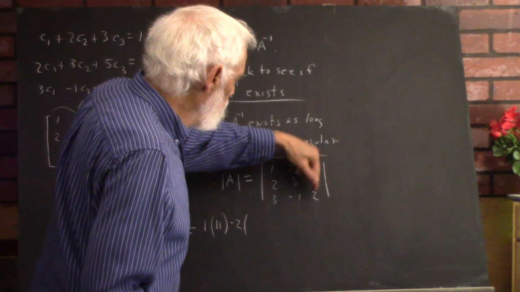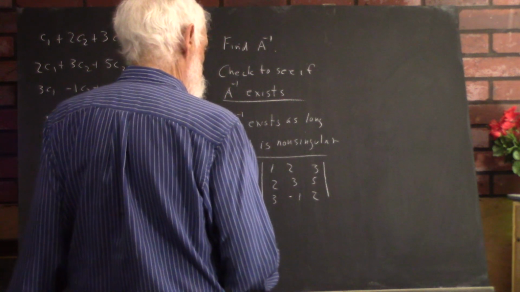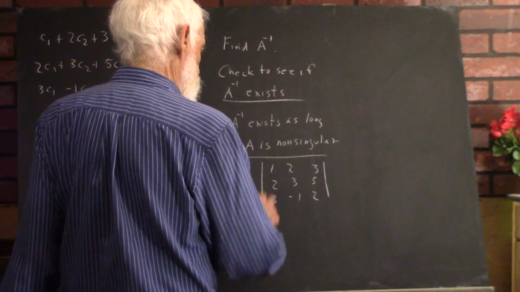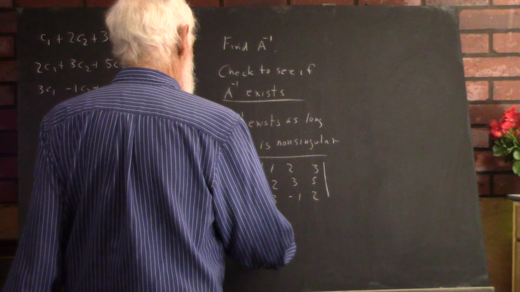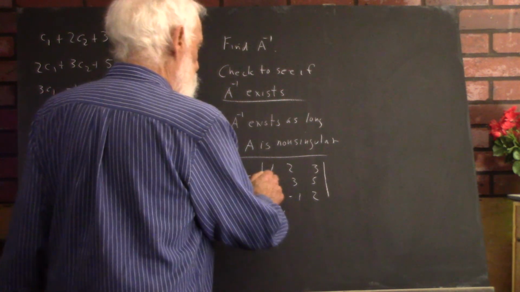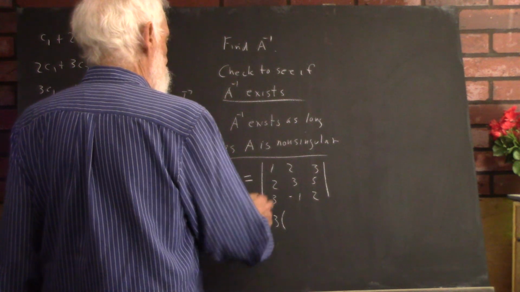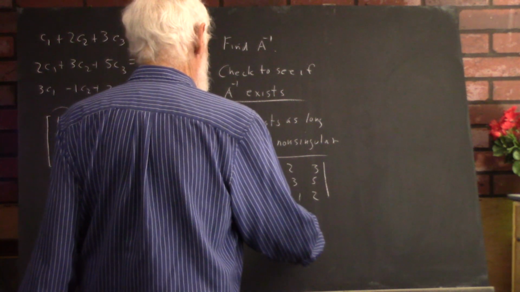So that's 4 and -15, which is -11, right? And then it's going to be 3 plus the determinant of this matrix. That's going to be -2 and -9, and that's -11.